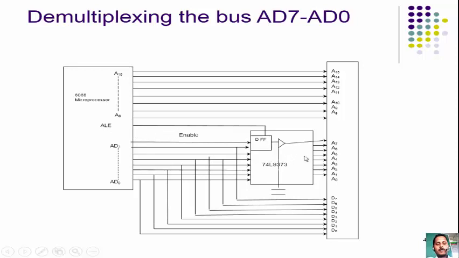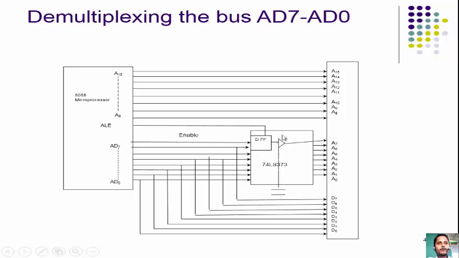With this 74373 IC you will get the input signal, output signal and enable signal, and the enable signal of this latch is usually connected to the ALE, address latch enable. Okay, so in this way total 8 D flip-flops you will find at the input stage, and 8 buffers at the output stage.